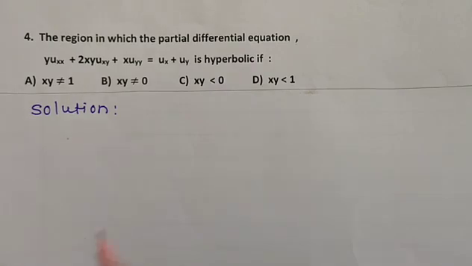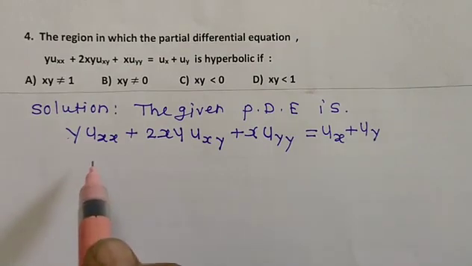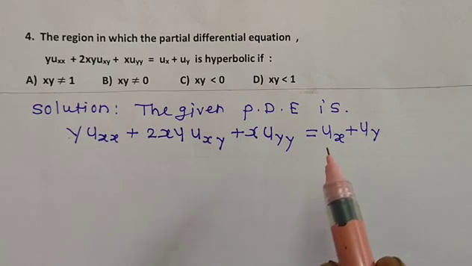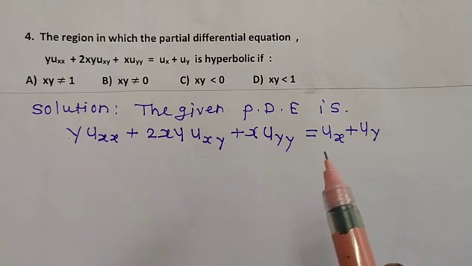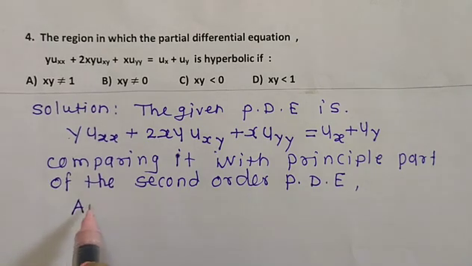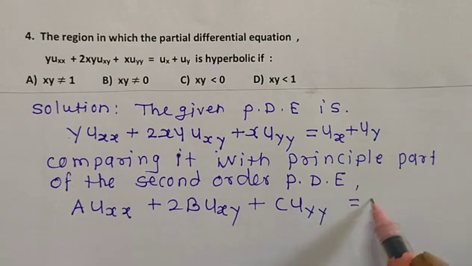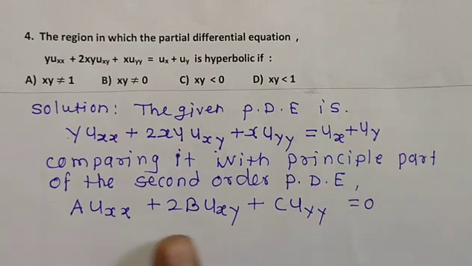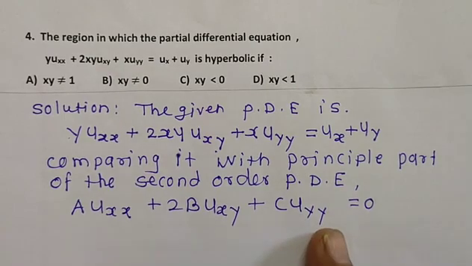The given partial differential equation is, okay. Now if we compare this equation with the principal part of the second order partial differential equation, we get, so friends, this is principal part of second order partial differential equation.